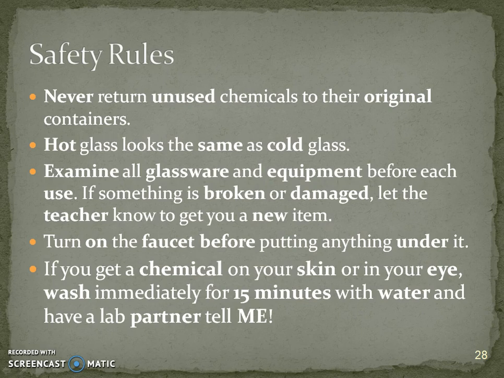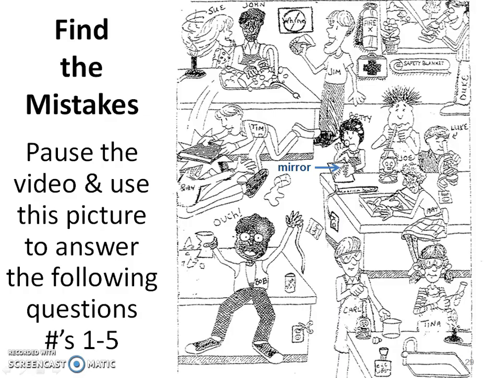So again, if you see something that is broken or damaged, let me know so I can get you a new one. Make sure to turn on the faucet before putting anything underneath it because it has very, very strong pressure. And if you get a chemical in your skin or your eye, please wash immediately and have a partner tell me.